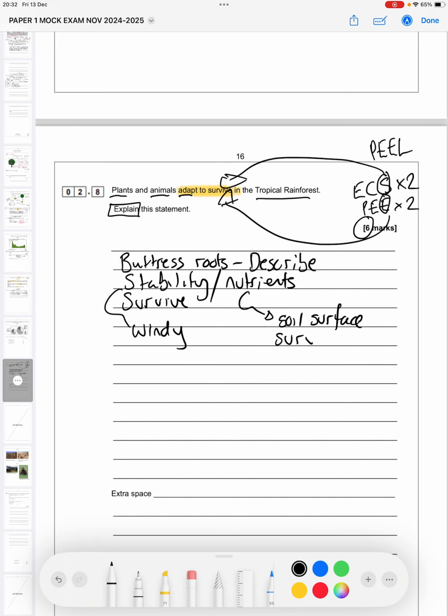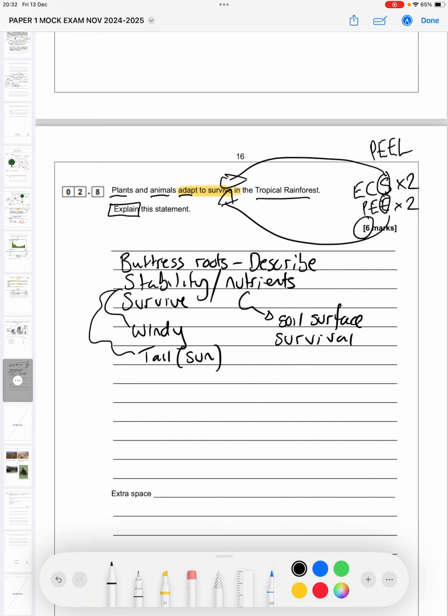It's also not just for stability because it's windy, but it allows the tree to grow tall so it can reach the sun. So as I say, questions like this are some of the best ones you'll come across, and these kinds of questions do come up.